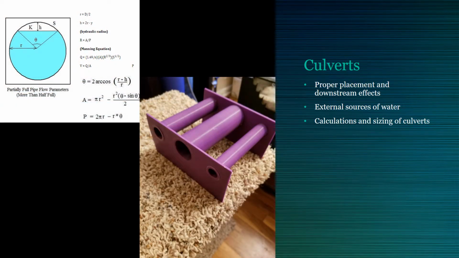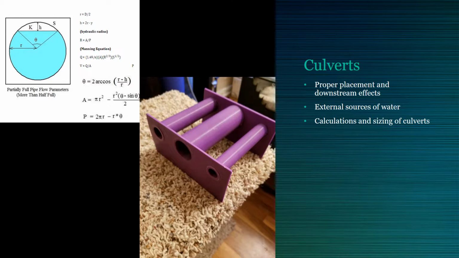I modeled and made this 3-piece culvert that shows 3 different diameters of culverts. And if you look to the left, there are these equations that Manning developed that describe partially full pipe flow parameters. We use these to show how to size culverts and how to make the correct calculations when using culverts.